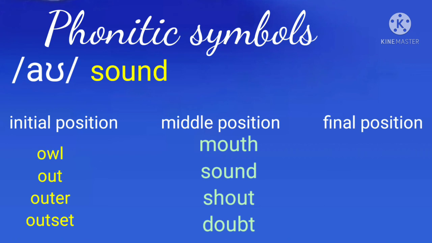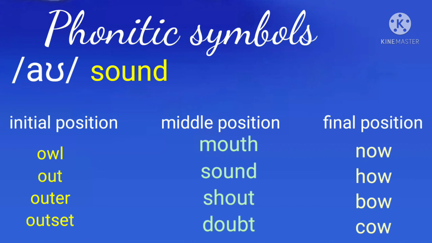Next, final position, now, how, bow, cow, and so on. So this diphthong occurs in all the three positions, a plus u, ow.